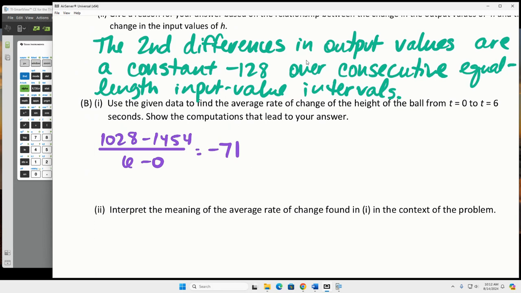What should my units be on my average rate of change? Feet per second. Thank you, good.